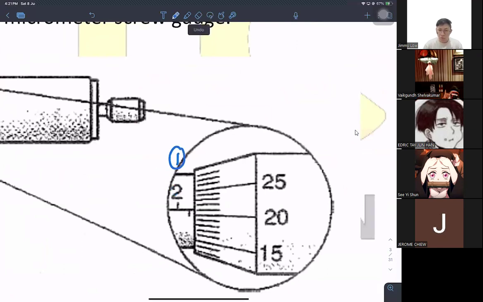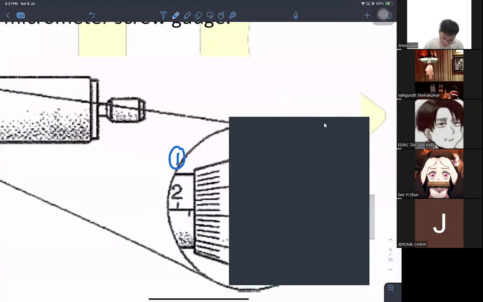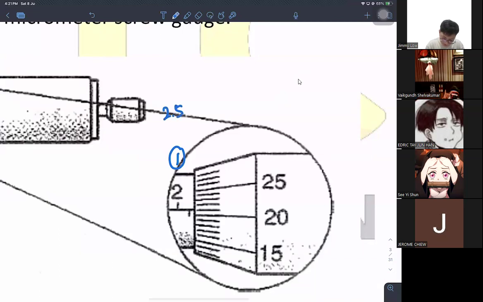Okay, so which figure are you going to get? You're going to take this figure. So it is after 2, but it is below 3. So it's not 3. It is supposed to be 2.5. Yep, 2.5. So the first reading is 2.5 mm. For the second reading you have to compare from the horizontal line here.